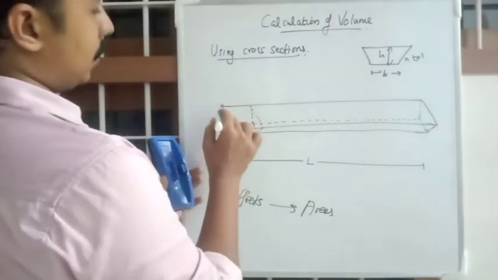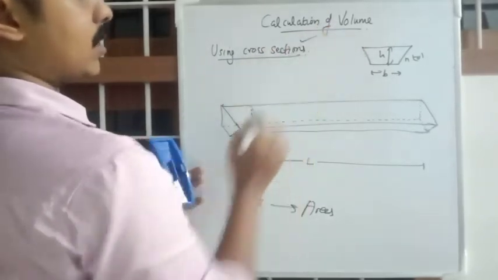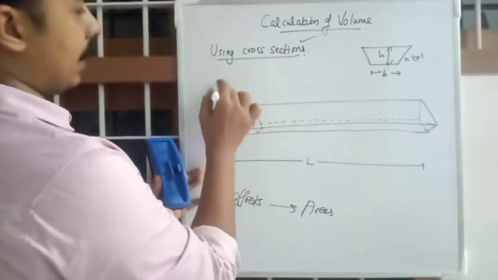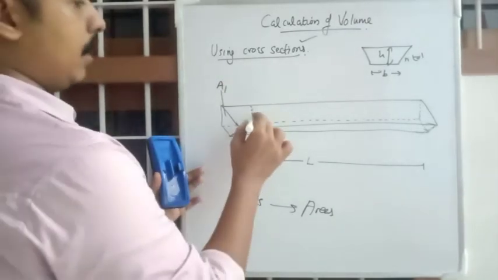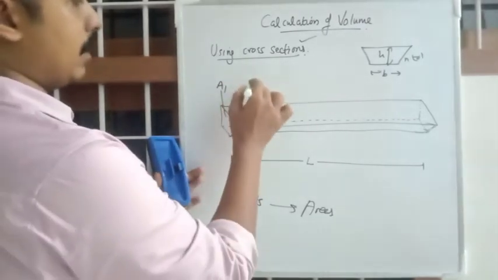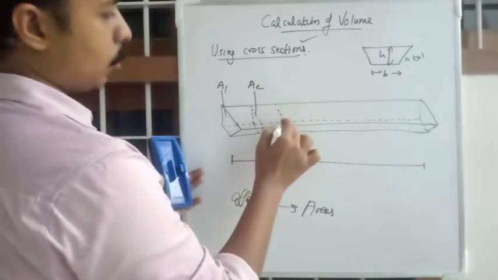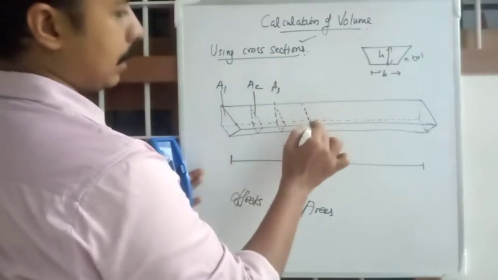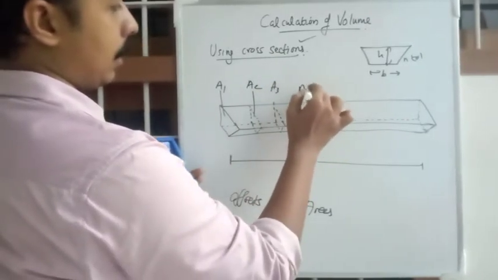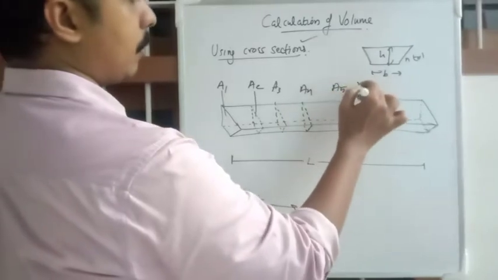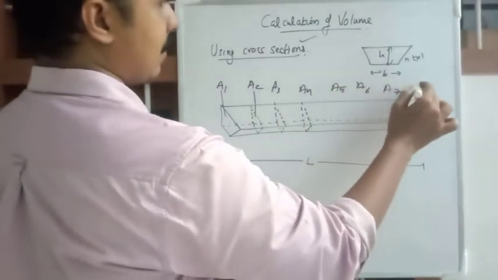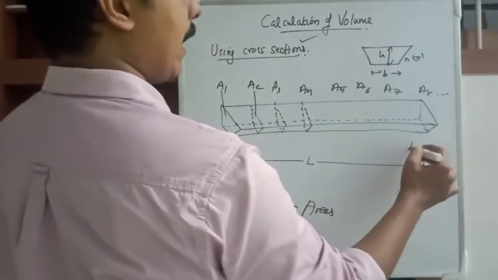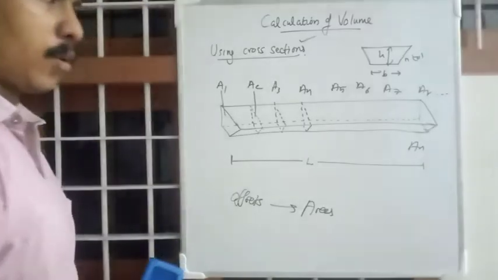The method is known as cross sections. We will be taking the area of this cross section and naming it A1. We will be taking this cross section as A2, and this one A3, A4, A5, A6, A7, A8, etc. It can end up to AN, the number of cross sections.